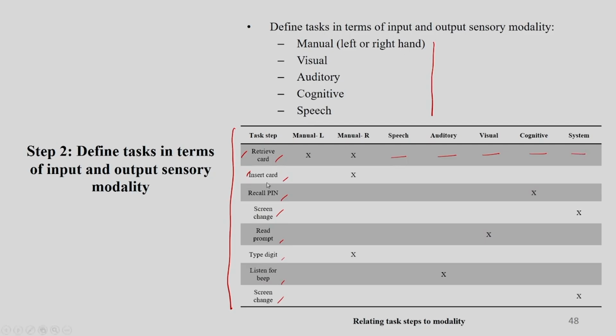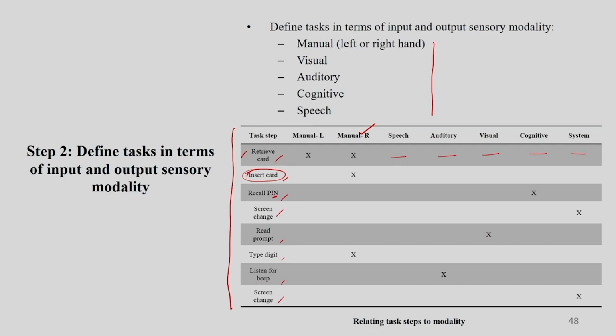Whereas in inserting that particular card in the machine, if you are a right-handed person, you are going to use your right hand, whereas if you are a left-handed person, you can go for the left hand. It depends. For this particular example, it's a right-handed person. Then recall the PIN.